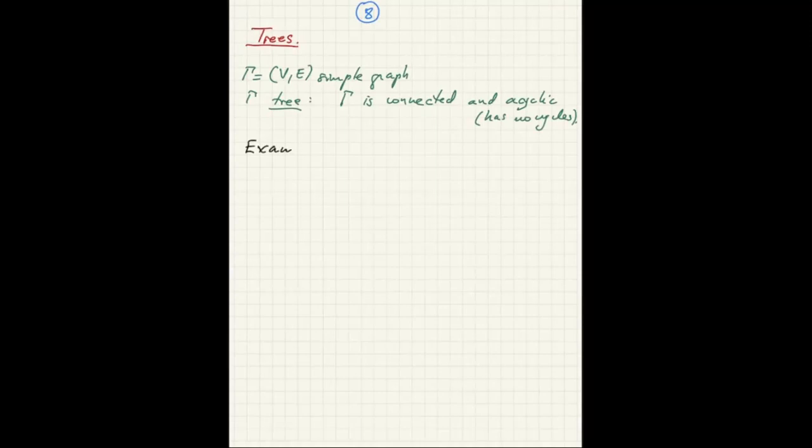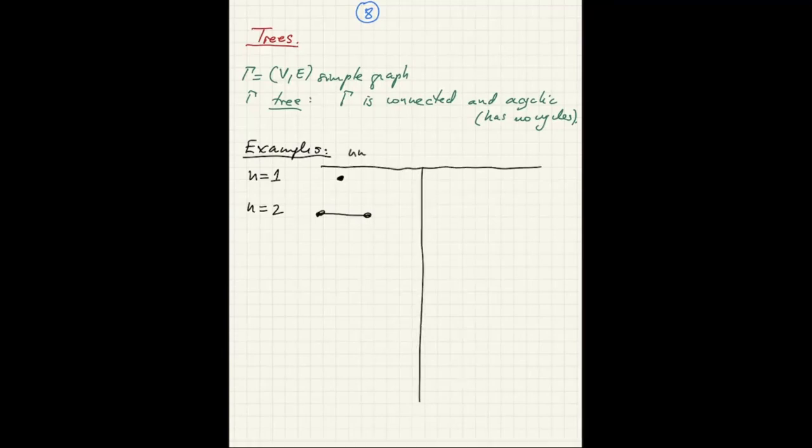So some examples. Let's look at n equals 1 vertex, just a single vertex, that's a tree. n equals 2, 2 vertices adjacent by an edge, that's a tree. Now, I will do here a split picture between what I call unlabeled and labeled trees.